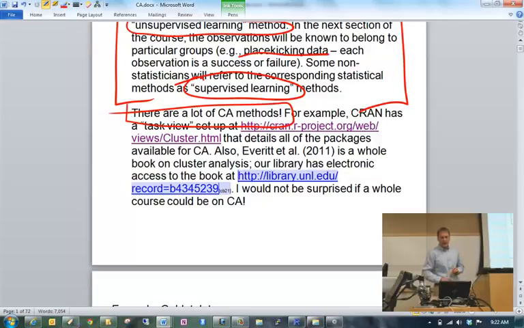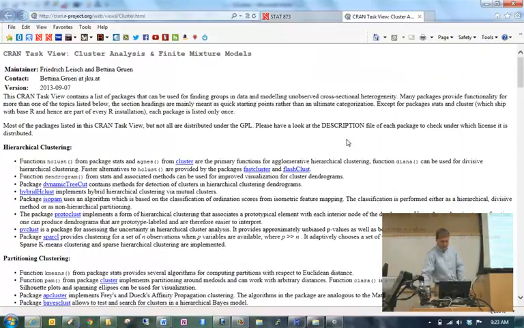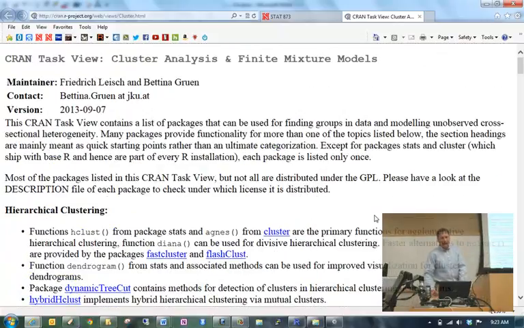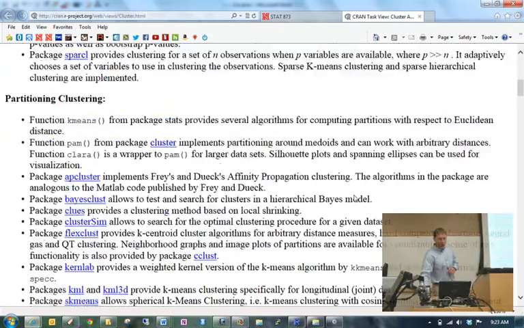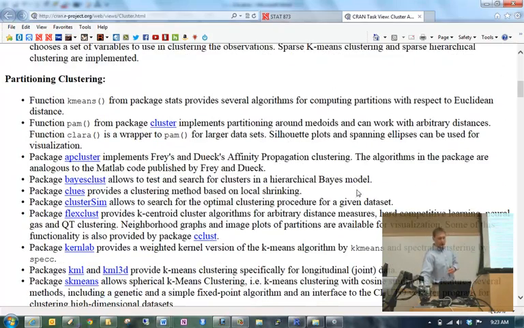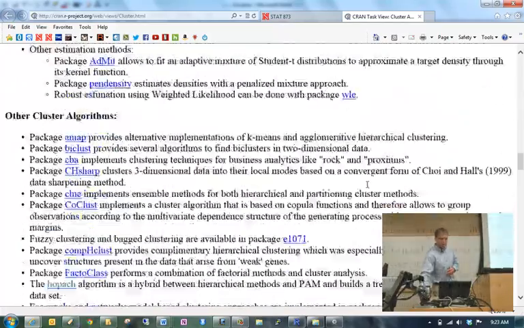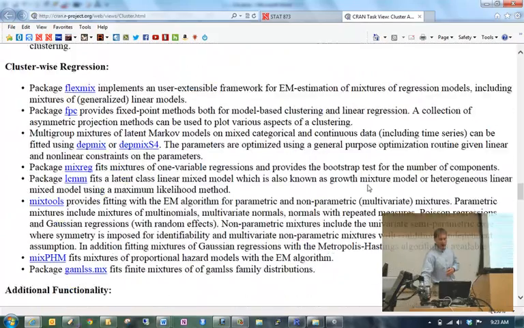Just to give you an idea of just how much has been done in cluster analysis and is actually ongoing, there's what's called a CRAN task view set up to show all the packages that are available in R with respect to cluster analysis. And you can see, as I just paged through here, there's a lot of packages.